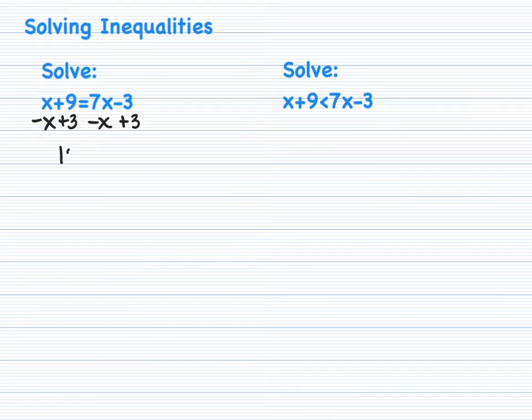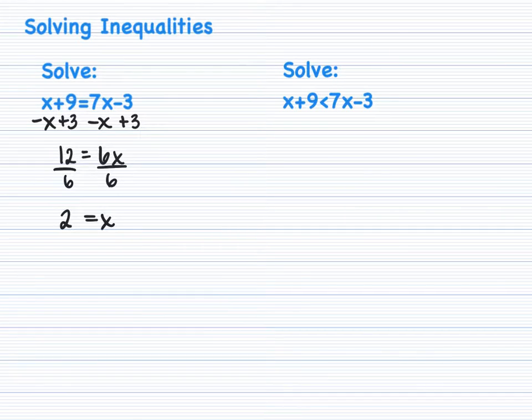So 9 plus 3 is 12. Drop down my equal sign, and 7x minus x is 6x on the other side. I can do that in 2 separate steps, I'm just saving a little time for the video. Divide both sides by 6, and I end up with x equals 2.